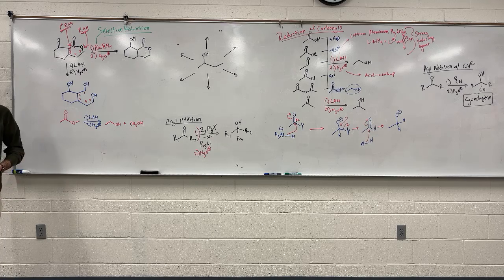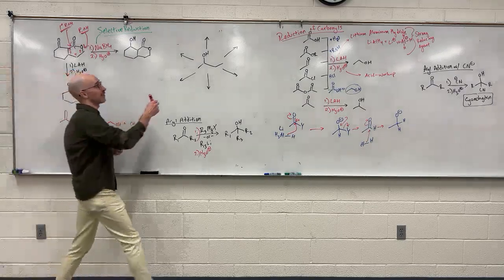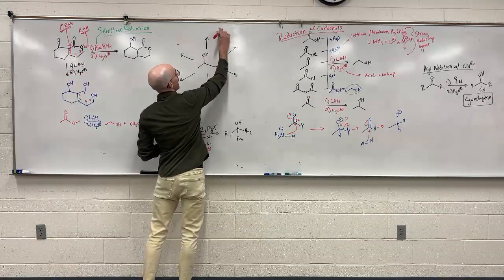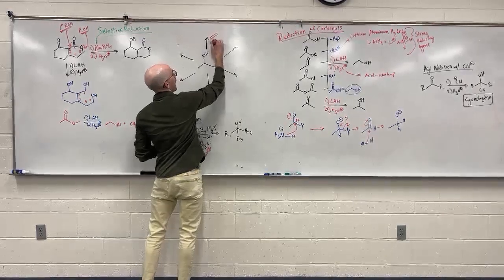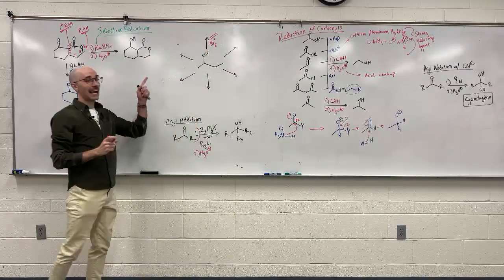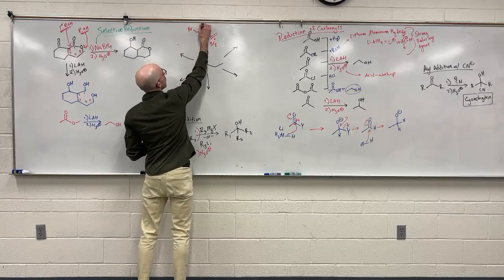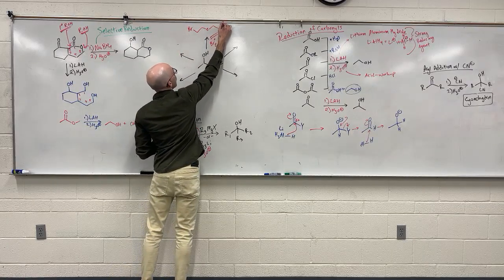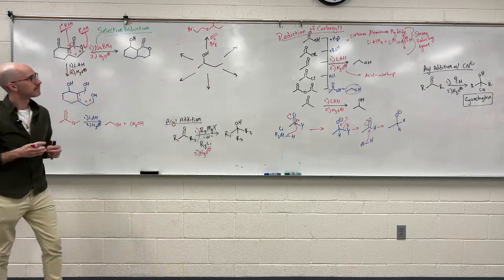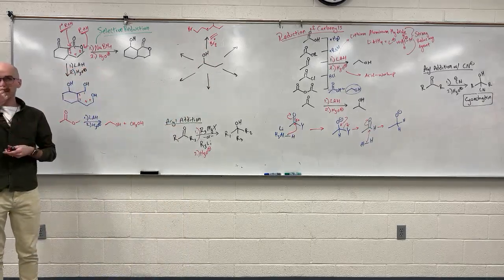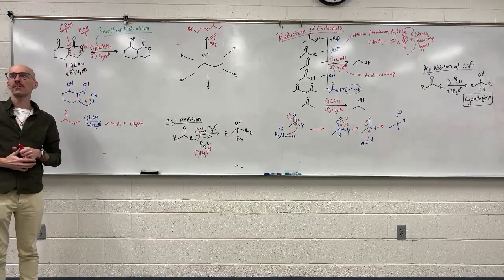Anyways, what have we seen that we can do with alcohols previously? Well, we've seen the halo ether addition. We even talked about it today. If I have an alkene and a halogen and an alcohol, alcohol is a precursor to an ether.